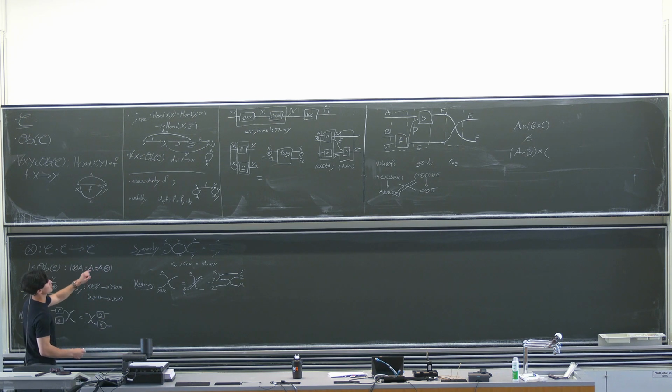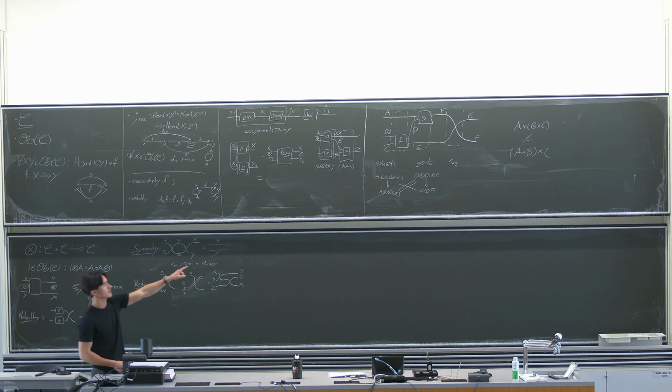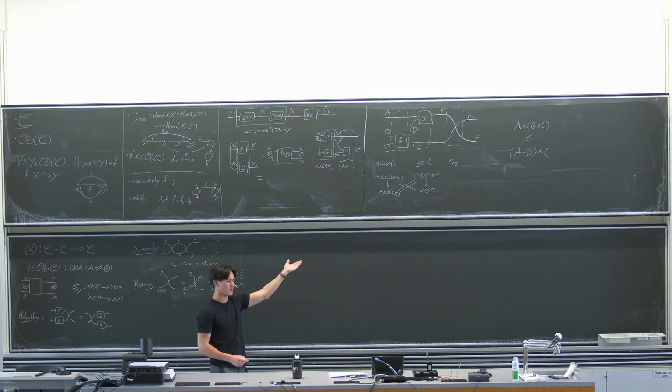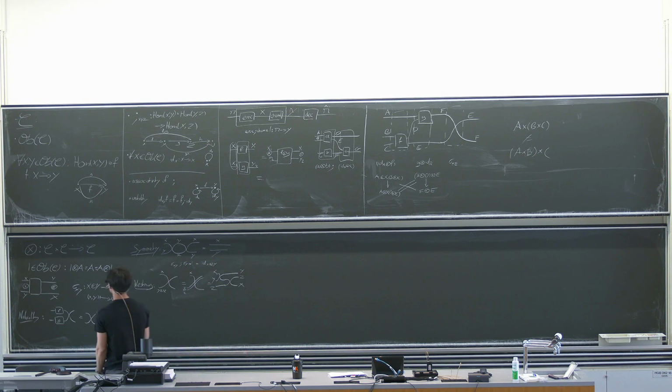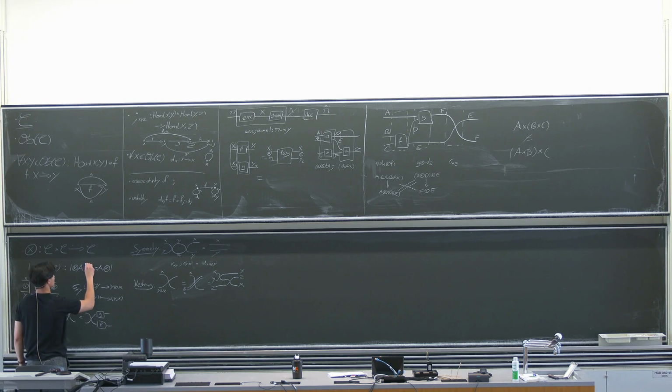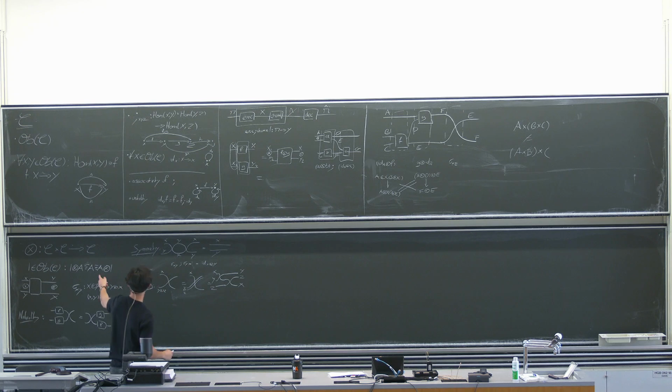So here, to solve this problem of not having equal objects, we're going to require that this is isomorphic. So we have 1 cross A, isomorphic to A, isomorphic to A cross 1.